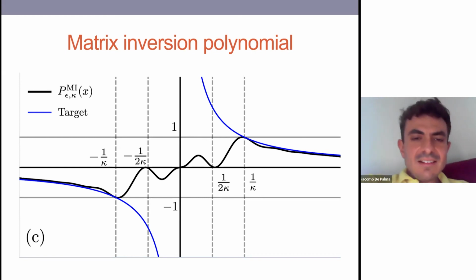And I think the degree of this polynomial is roughly around 80, if I remember well. And you see, you can get quite a good approximation in the required window.